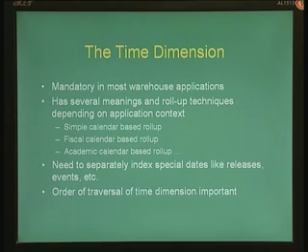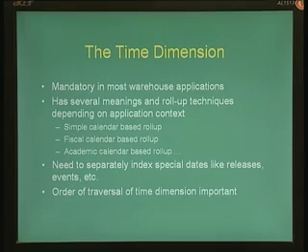The time dimension, as you see, is usually mandatory in most warehouse applications. Otherwise the whole idea of archival or historical data becomes meaningless if there is no time dimension associated with it, and if you are talking about trend detection and so on, we cannot do it without a time dimension.